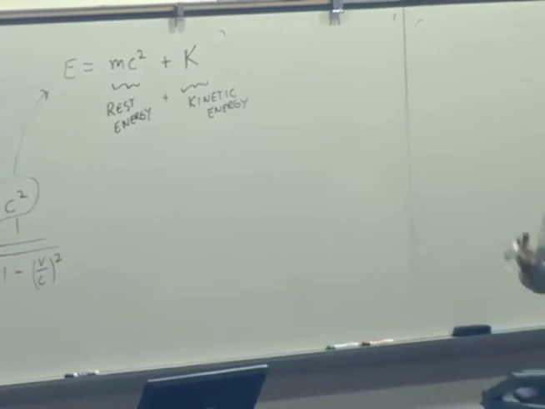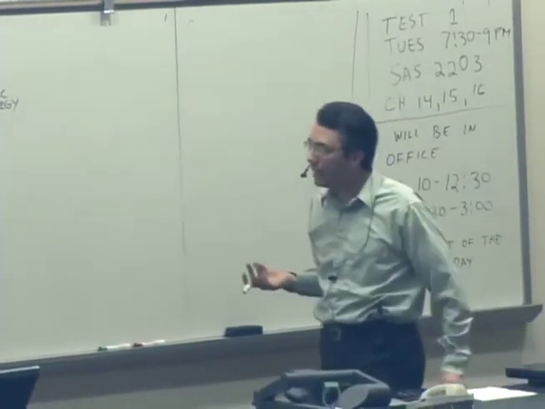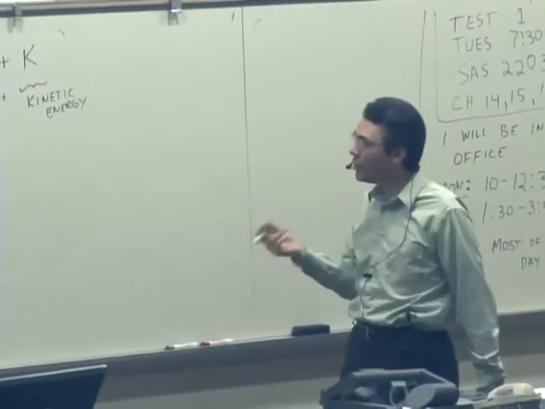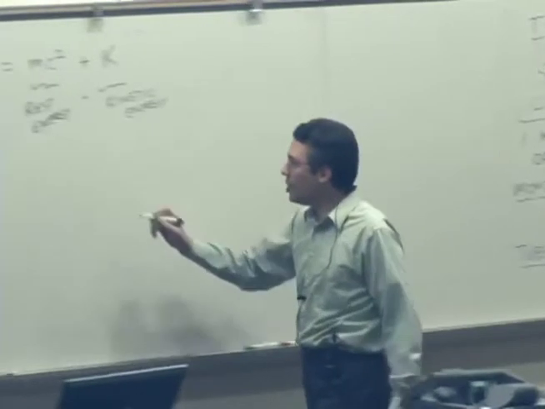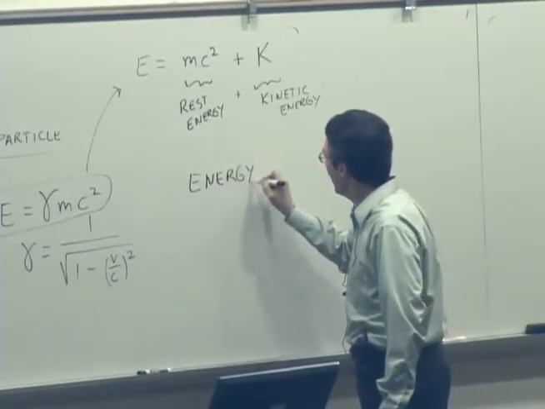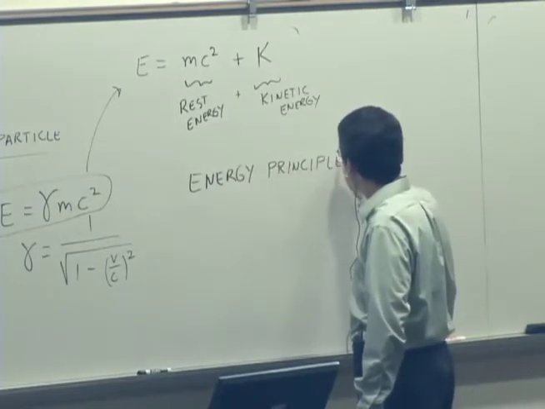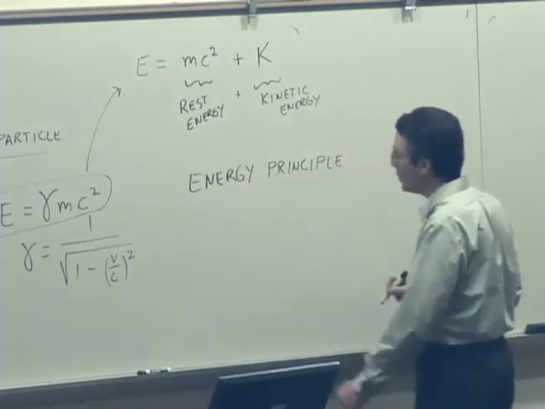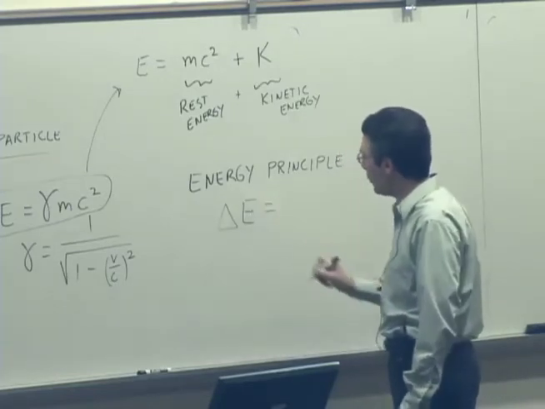So we then think about, well, okay, that's great, but we need a principle. We need a way to say how energy changes if there are interactions, okay? And so the energy principle for a single particle, ignoring multi-particle systems, is just going to be the change in that energy being equal to what?